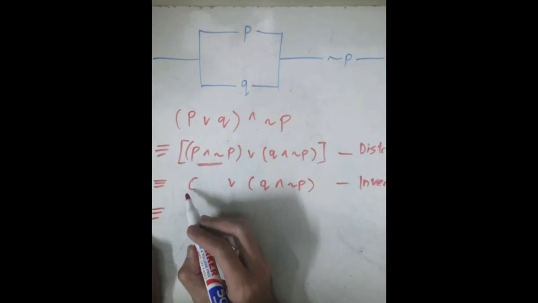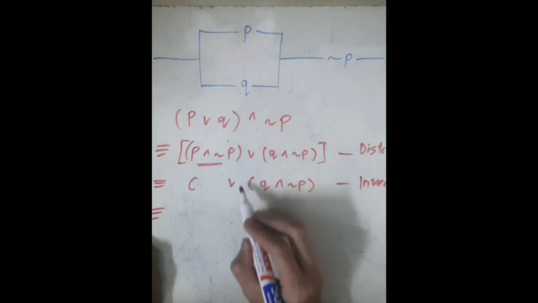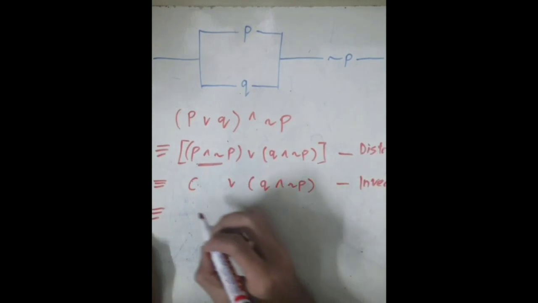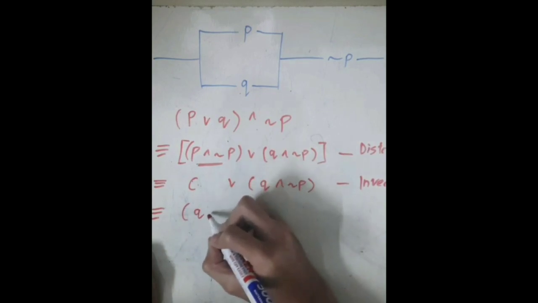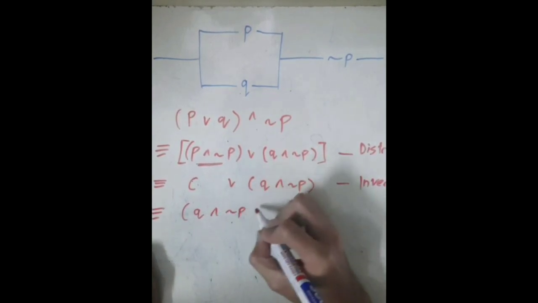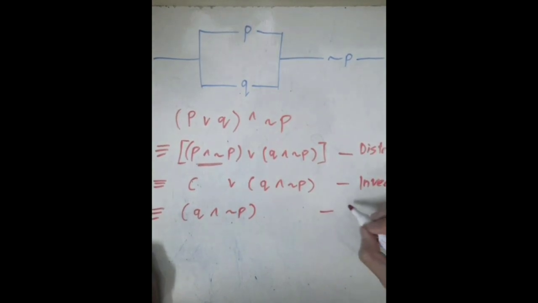In this case, C and this bracket, we can use the identity law and we get Q and not P. This is the identity law.